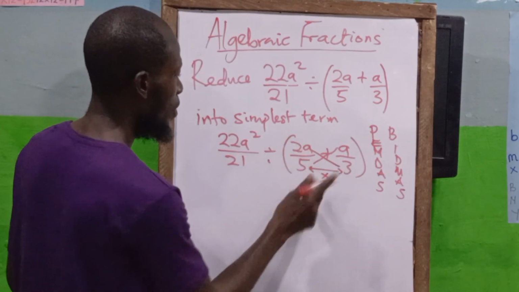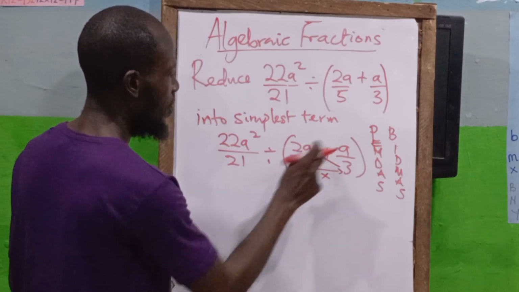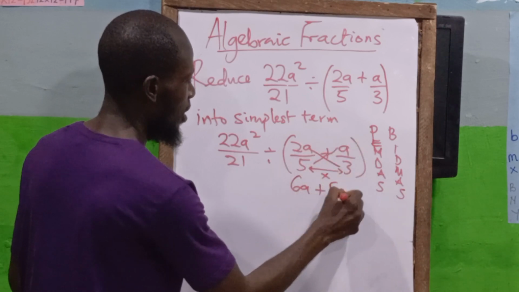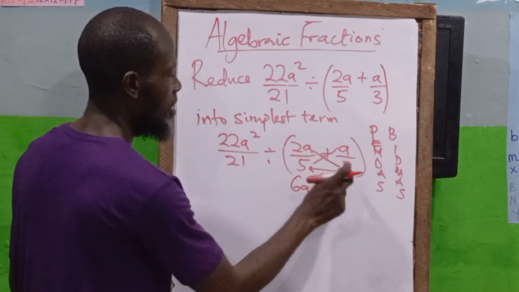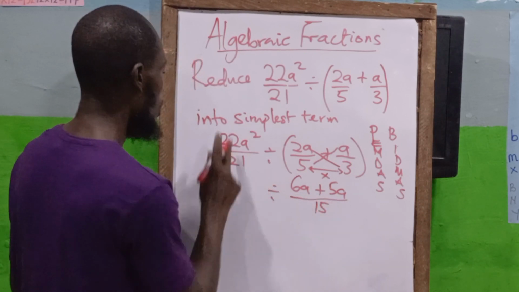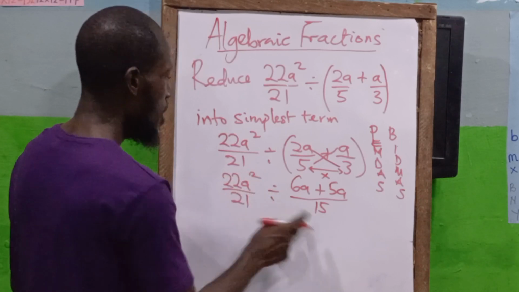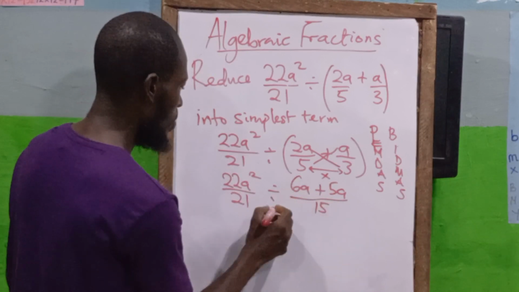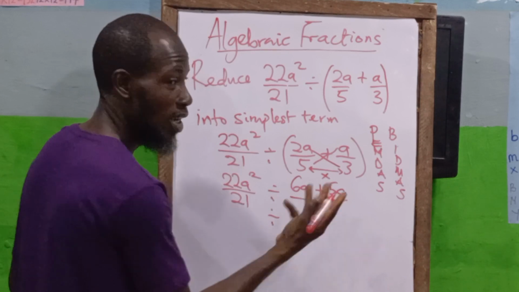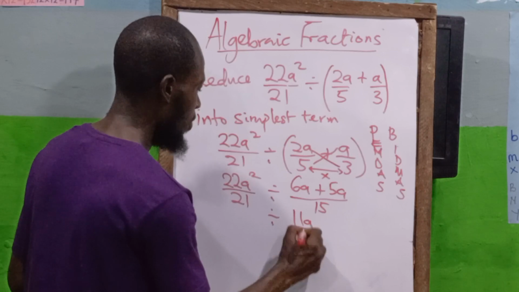Here we have 3 times 2a, which is 6a, plus 5 times a, that is 5a, and then 5 times 3, which gives us 15. 6a plus 5a is 11a, so we have 11a over 15.